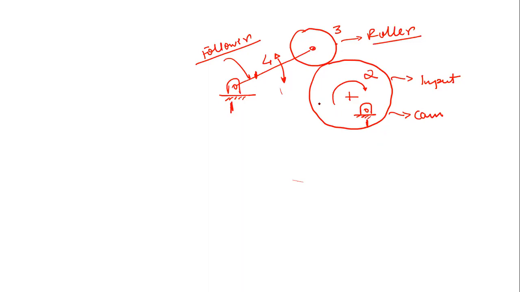So is the question clear? Yes, sir. So just tell me, if I go in the reverse way and oscillate this follower, is this input link going to turn or rotate around its own axis? No, no. Just think again. I'm so sorry, it will rotate around this hinge point. I'm sorry.